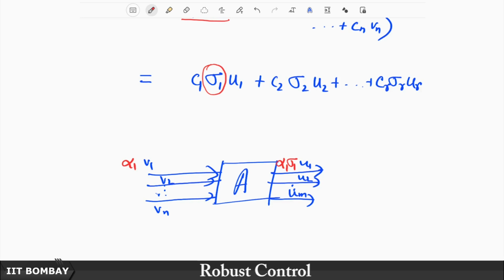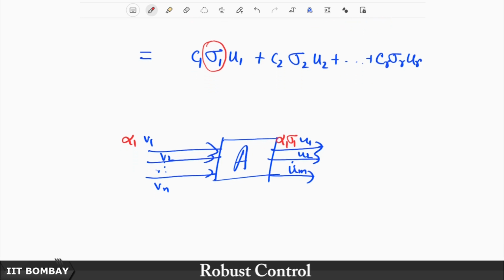So any component alpha 1 along the input direction V1 reflects as an output along the output direction U1 scaled by a factor sigma 1, and this is beautiful. This is what orthonormality or orthogonality brings with it. That is the beauty of singular value.